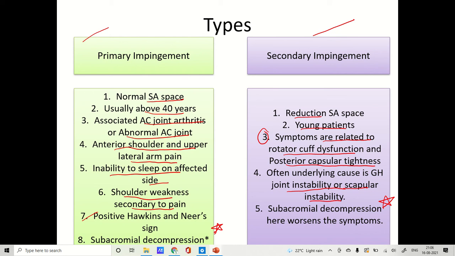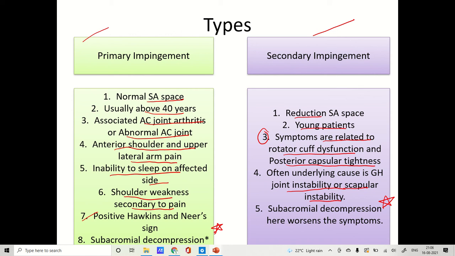Now when a patient comes to your clinic, subacromial decompression is performed manually by a physiotherapist by distracting the joint and giving a posterior glide to the humerus. Ideally this is not done, this is just an assessment. It can be done surgically.